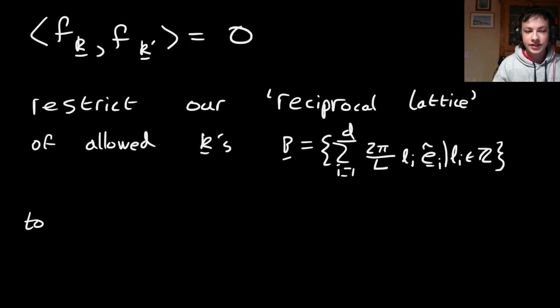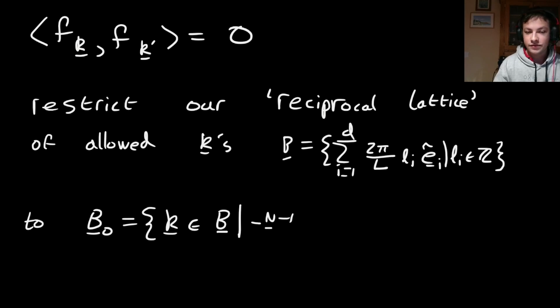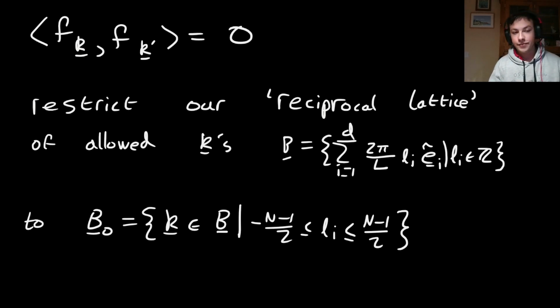So we just need to look at B naught, which is k in B such that minus n minus 1 over 2 is less than or equal to l_i is less than or equal to n minus 1 over 2. Okay, and now we've again got an orthogonal basis where the only time this thing is allowed to not be 0 is if k and k primed are equal.